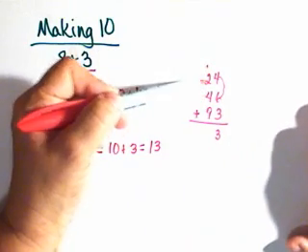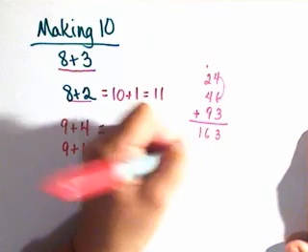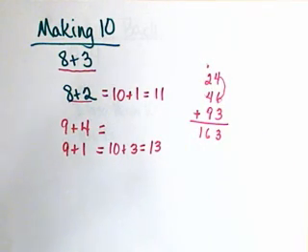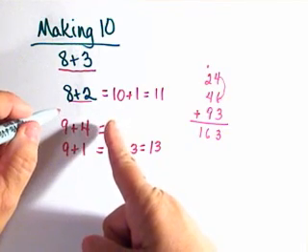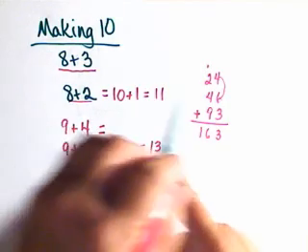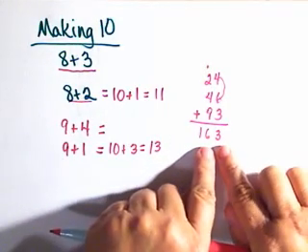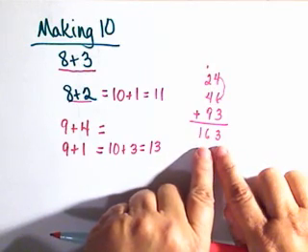And then I've got 4 plus 2 is 6, so I have 10 plus 6, which is 16. So this is a level of sophistication when we're doing single-digit addition that is applied typically when you do double-digit addition.